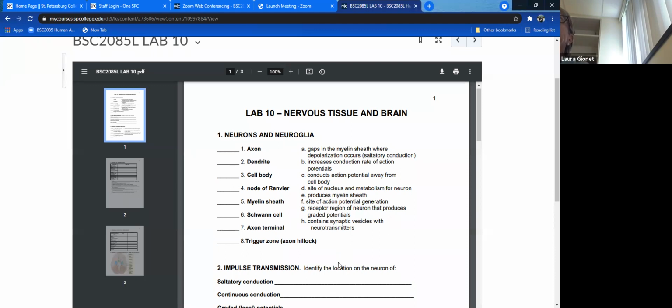Most of the time in the peripheral nervous system, you'll have other cells that are surrounding the cell body and kind of help protect it from being overly stimulated. And then H, contains synaptic vesicles with neurotransmitters. That would be 7, your axon terminal.